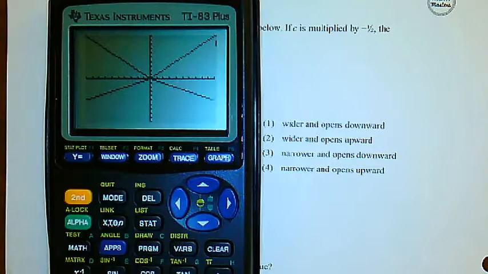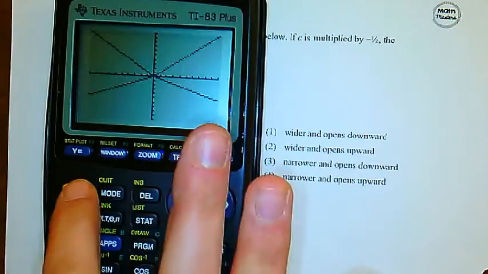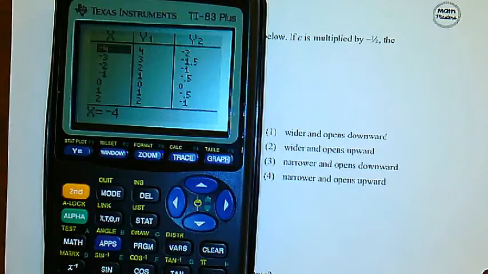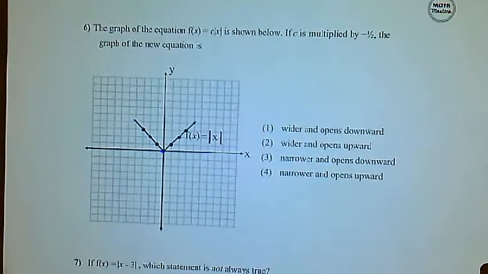So that graph is not only going to be wider, but it's also going to reflect over the x-axis. So that one's a little tricky for the points. Let's look at the table. Okay, so we're still going to be at 0, 0.